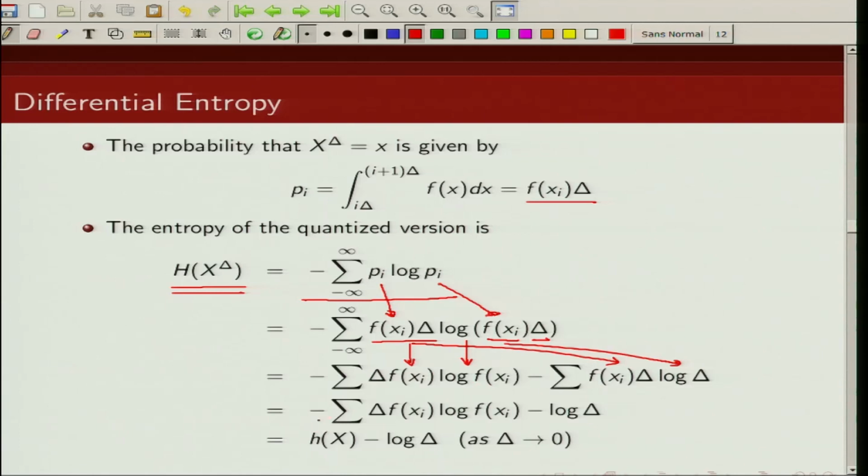So what we have here is this term plus this term. Now this term does not depend on xi's, and if you sum f of xi delta, this will basically be 1. So what we get here is minus log of delta, and this term for small delta approximates to the differential entropy. So we can write the entropy of the quantized random variable to be equal to the differential entropy minus log of delta when delta is very small.